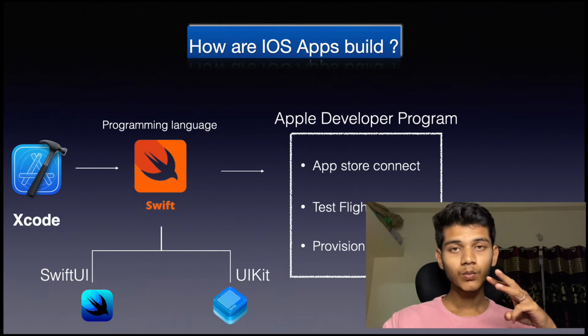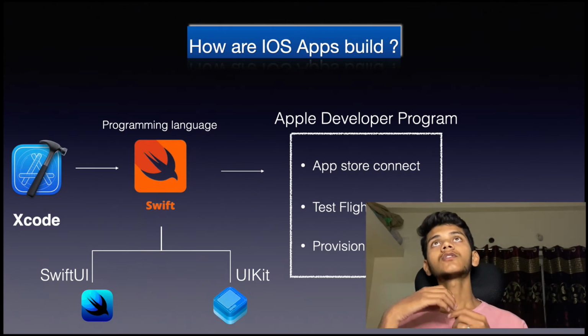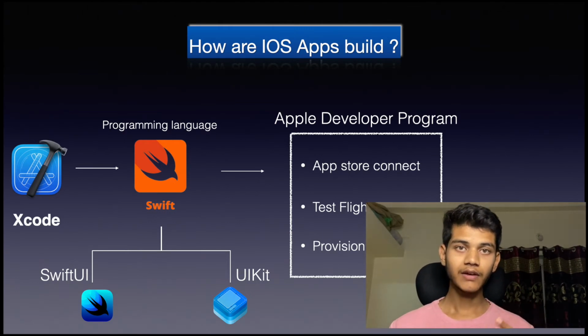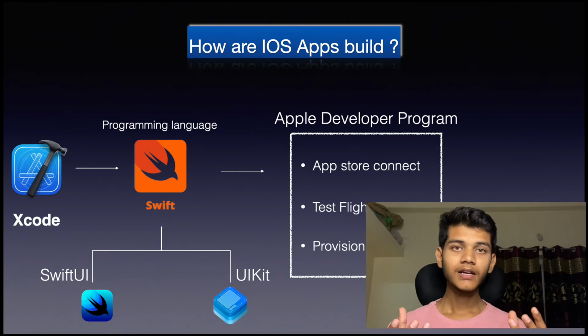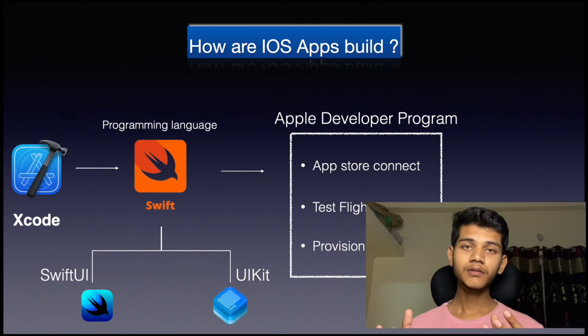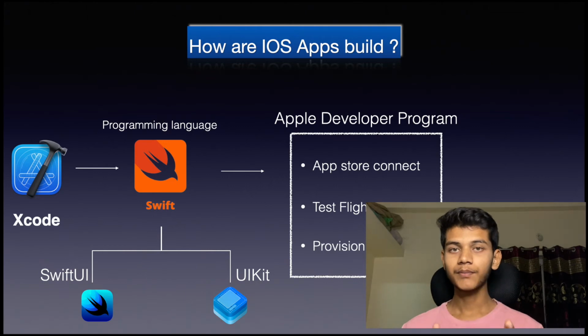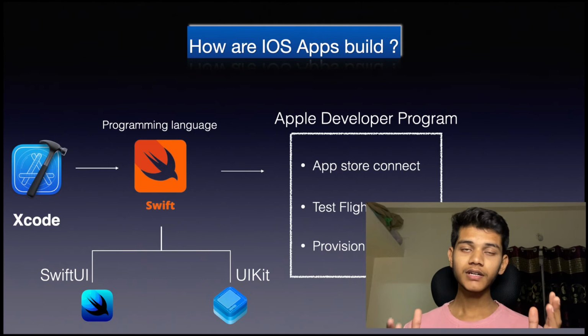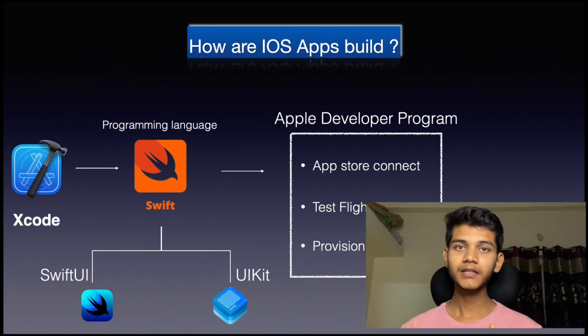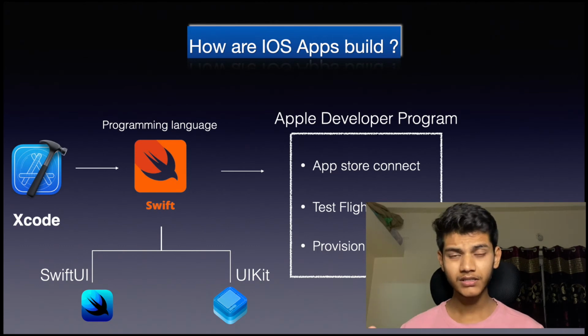And the third thing is the provisioning portal. Your application has a separate, unique ID, and in the provisioning portal you state that you are the developer of this application, like I, Mubashir, am the developer of this application, so that no other random developer can claim that this is their application and want to remove it from the store, or make some changes to this app.